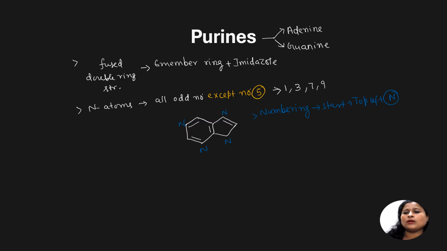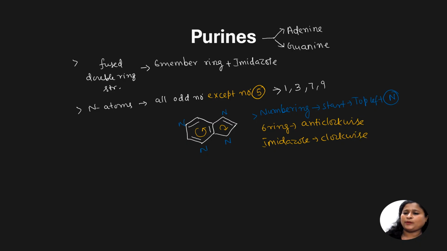Next is the counting. If we consider the 6-ring structure, the counting is always opposite to how the clock moves, or anti-clockwise. And for the 5-ring, it is clockwise. For the 6-ring, it is anti-clockwise, and for the imidazole, it is clockwise.